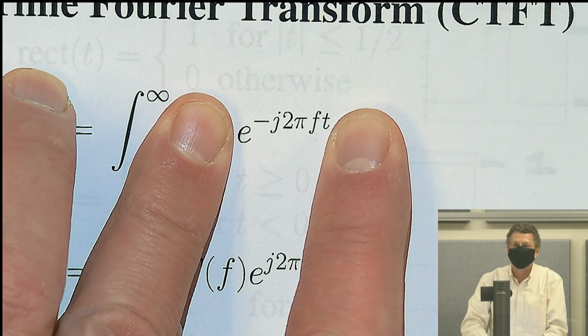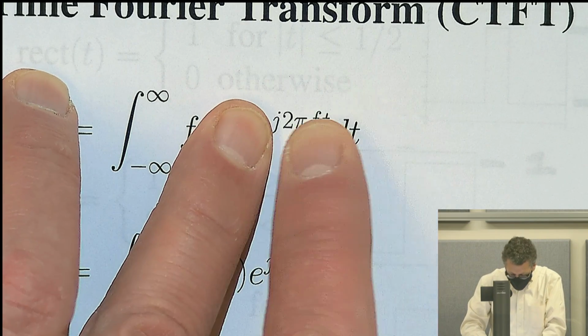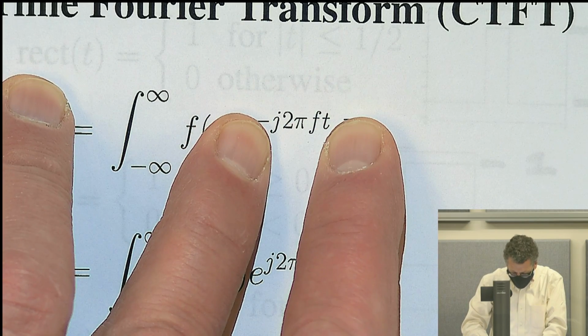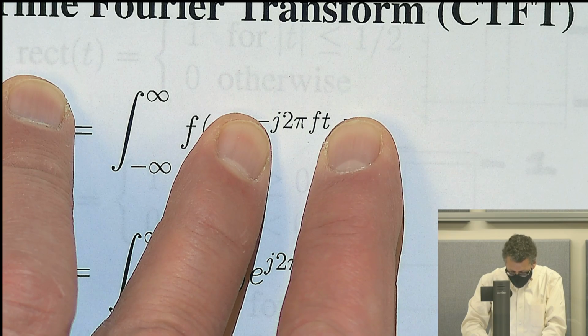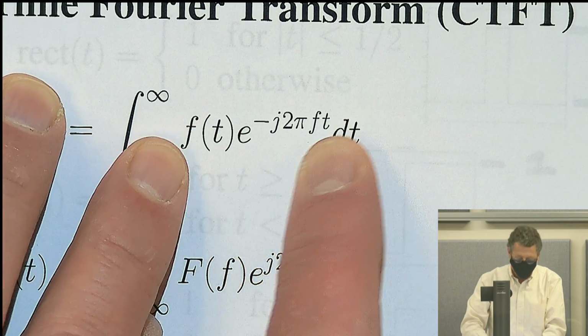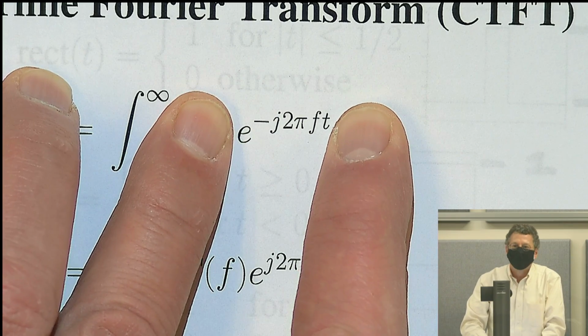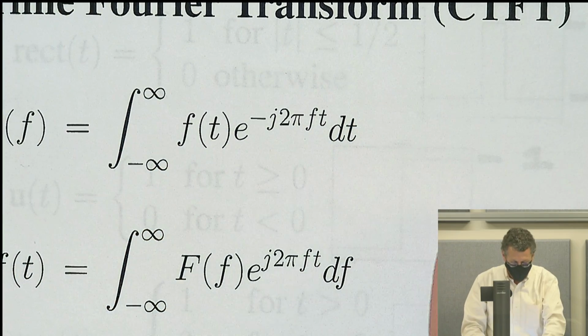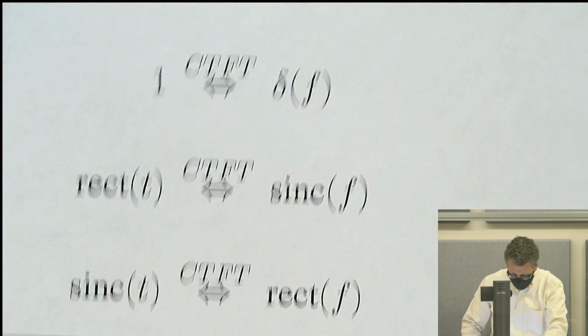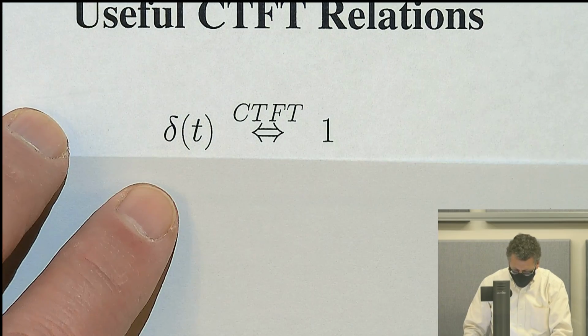You take t as 0, so 0 times anything is 0, so e to the 0 is 1, so this integral is going to be 1. So that's simple enough. So the continuous time Fourier transform of delta is 1.